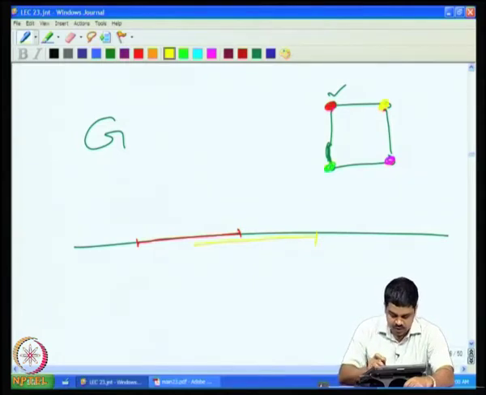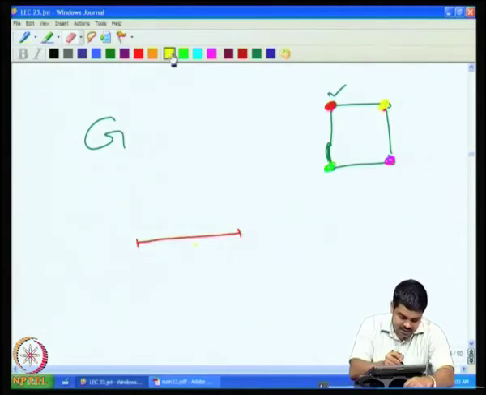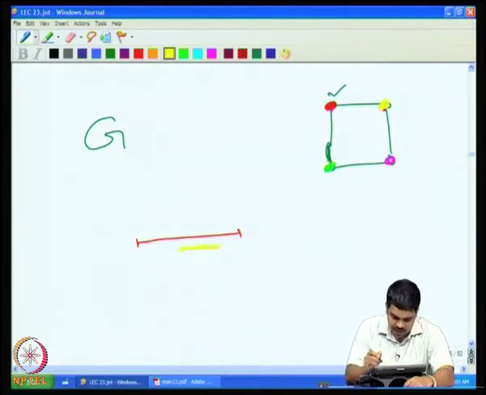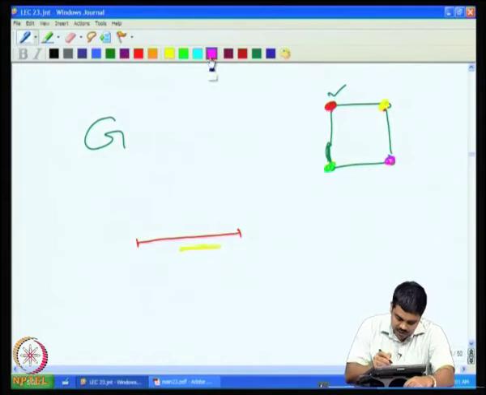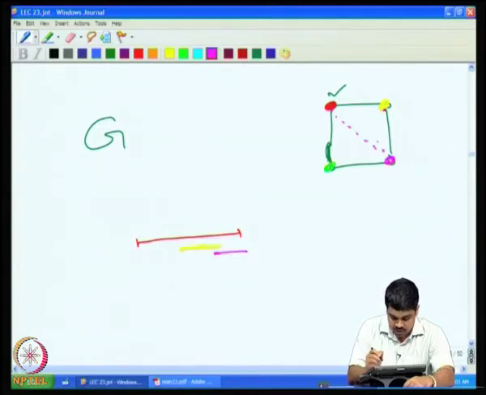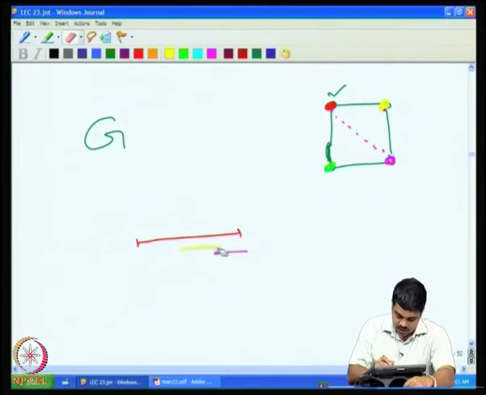Because if I draw yellow completely inside red, then when I put violet, violet will have to touch yellow, but then it will automatically touch red also, which is not allowed because there is no edge here. So, the yellow has to come out of the red, that is very clear, right.